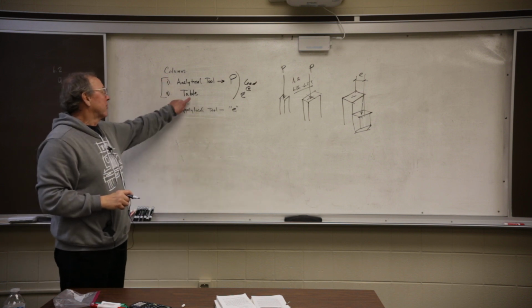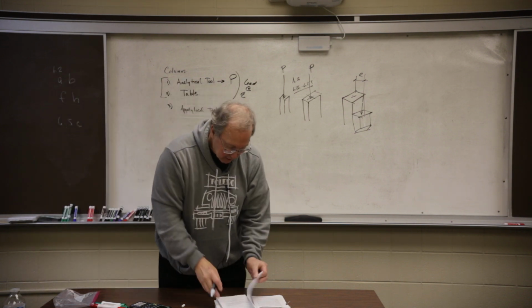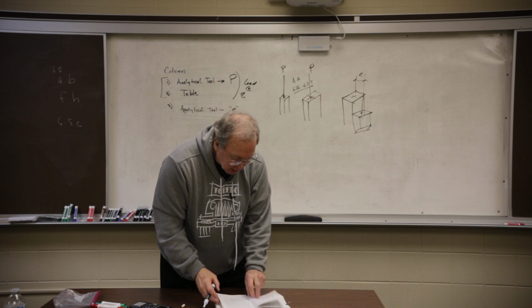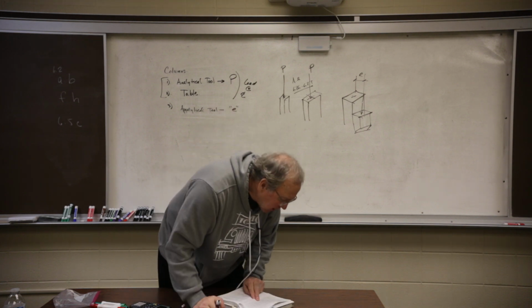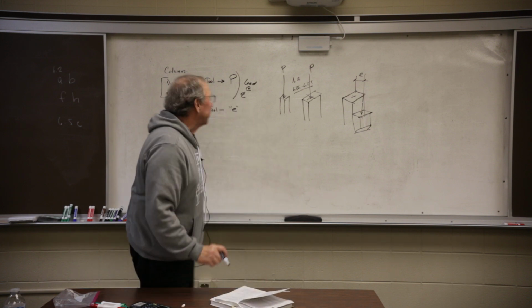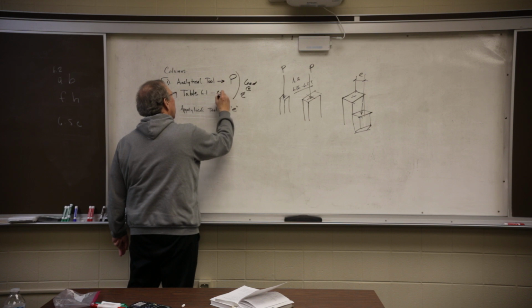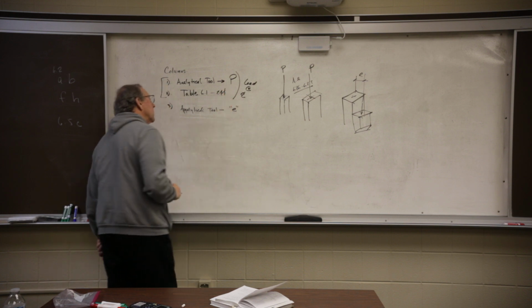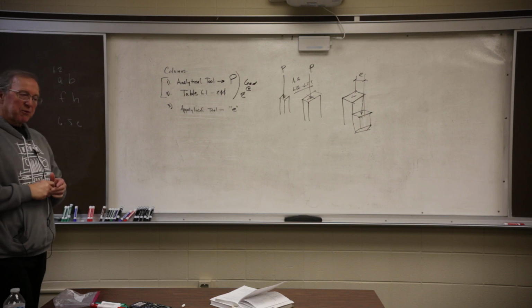This is a real fast one, okay? The table we're going to be using is on page 244. It's table 6.1. So what I thought we'd do is run a couple problems in parallel.